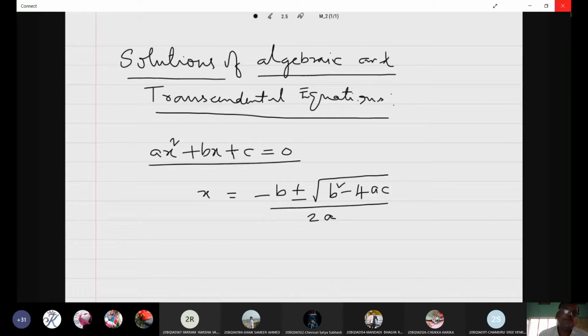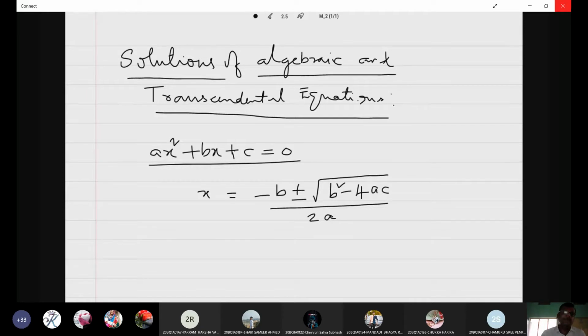Therefore, we introduce approximate solutions by taking initial approximate values. That is why numerical methods are so important in engineering and science, that means repetition of iterations, repetition of values.